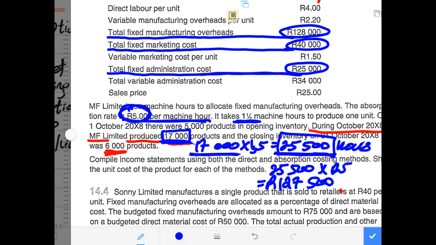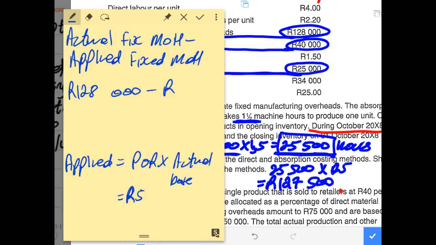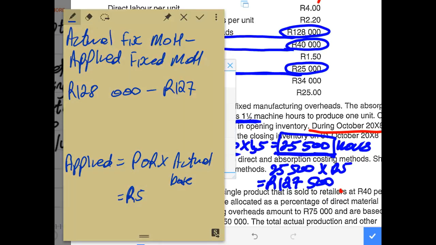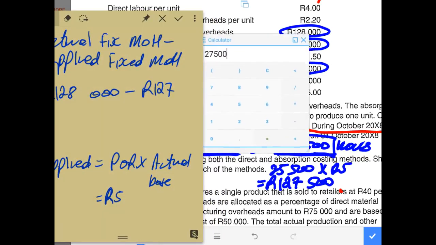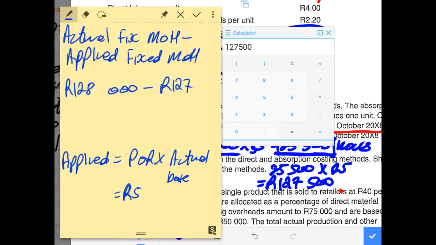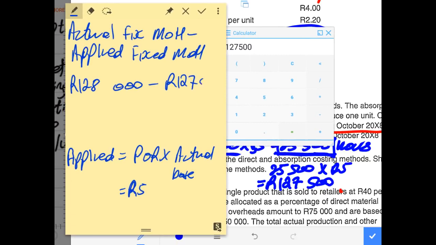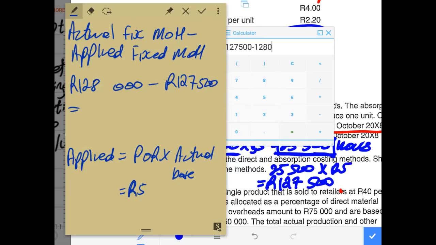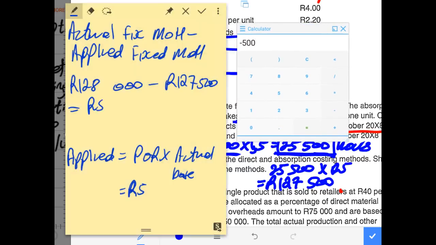This will be recorded here as 127,500. Therefore, the difference between the two, minus 128,000, will give us an amount of 500. Remember, this is the actual.